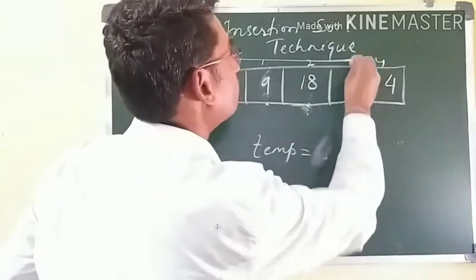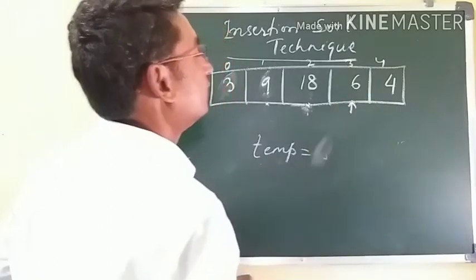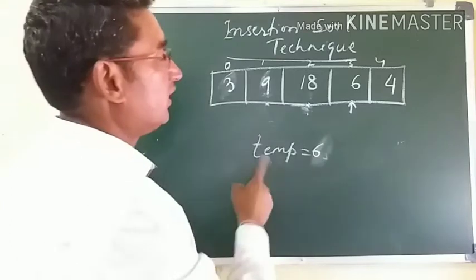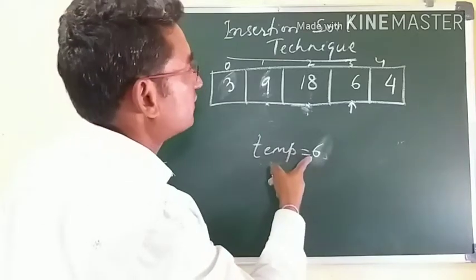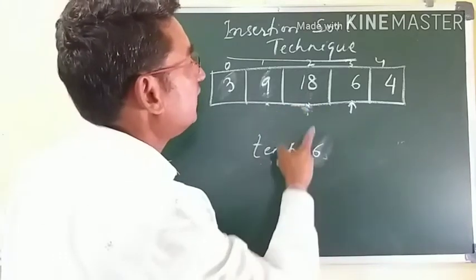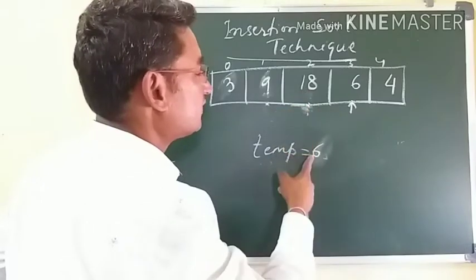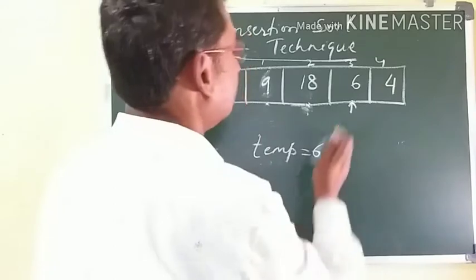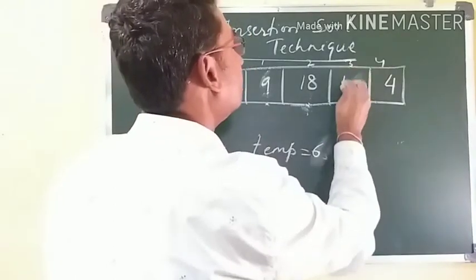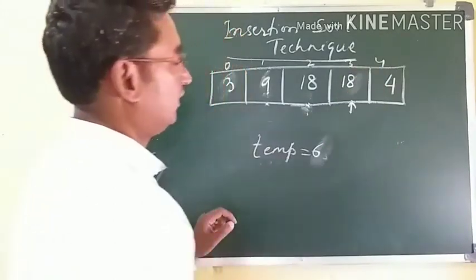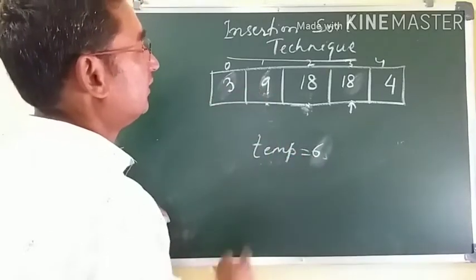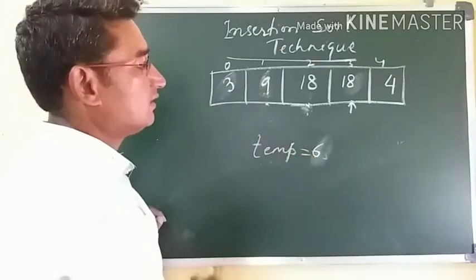Now move towards this element 6. Assign this 6 into the temporary variable. Compare this 6 with this 18. If 18 is greater than 6, as you can see here, then in this case assign 18 at this place. Now compare this 6 with the previous element 9. 9 is greater than 6.